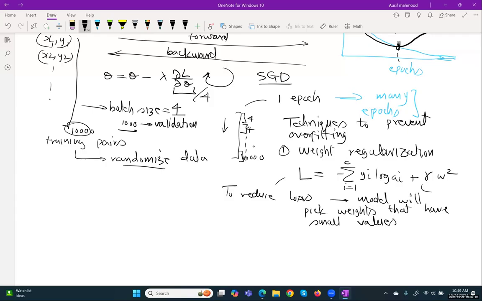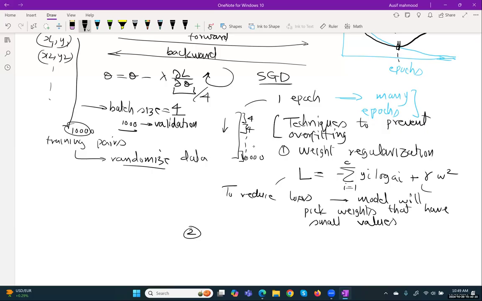Okay, and that helps us in preventing the overfitting. You can still overfit. It doesn't mean it's gone, okay? But it will create a relatively better model, okay? So anyway, that was one of the techniques to prevent overfitting.